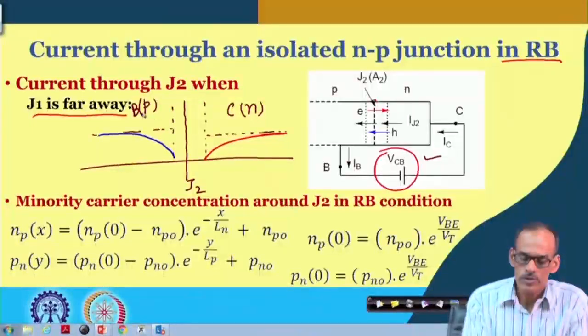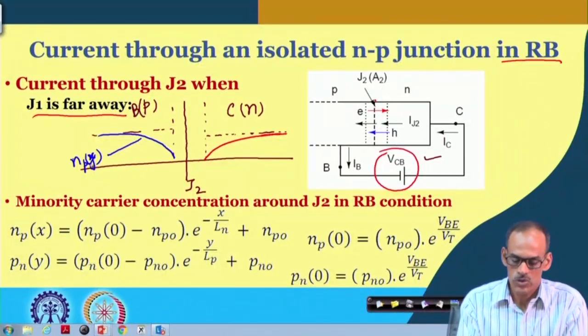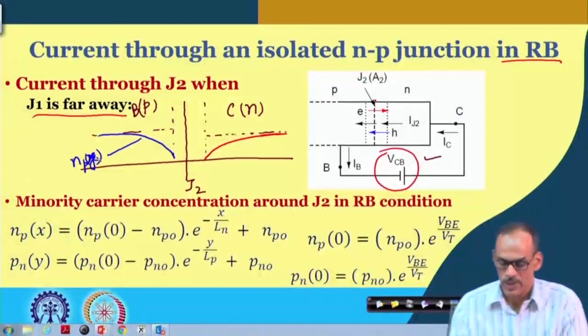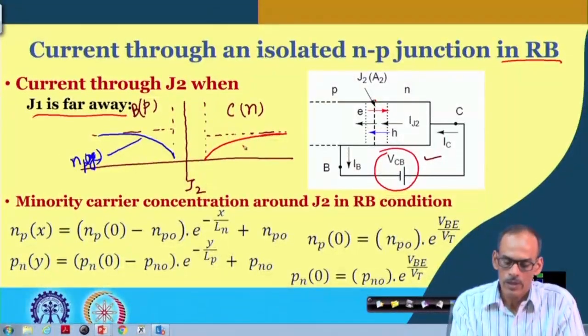So, this is of course the P region, and you may say that this is n p x, or let me call this y. No, I have used x here. So, let me call this x, and likewise we may call this p n y.